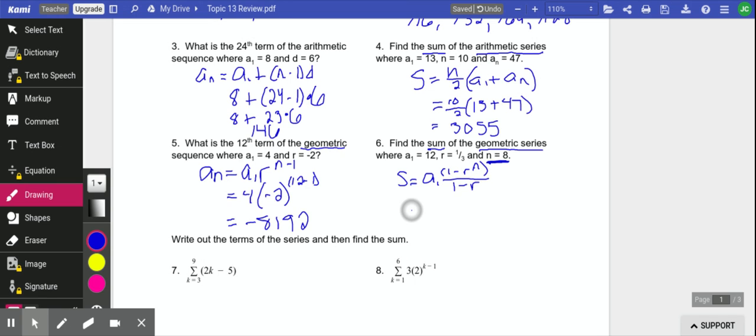Our first term is 12. In the numerator, we have 1 minus 1/3 to the 8th over 1 minus 1/3. You're going to need parentheses around that denominator, but you should be able to do all of this in your calculator. Let me see. This might take me just a second.